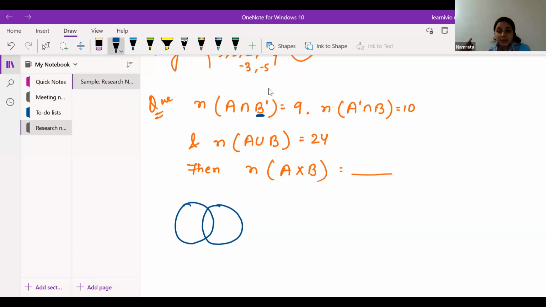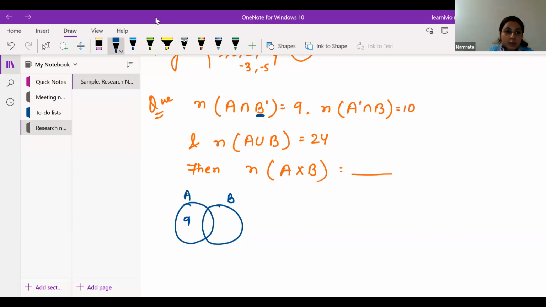First, keep it aside B. B complement means B must not be there. Okay. So A intersection with B complement is having 9 elements. So if this is A, this is B. So can I say this much is having 9 elements? B must not be there. Okay. We are excluding B. All right.